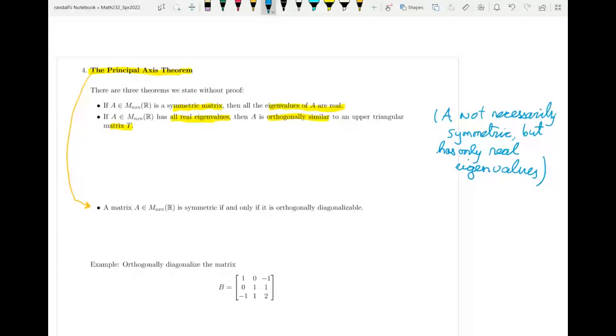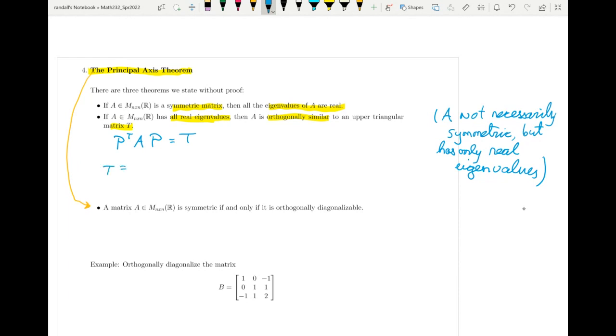So what it means is the following, that there's an orthogonal matrix, and I'll denote it by P again. So when I write out this expression again, PTAP, what I get is this triangular matrix T.